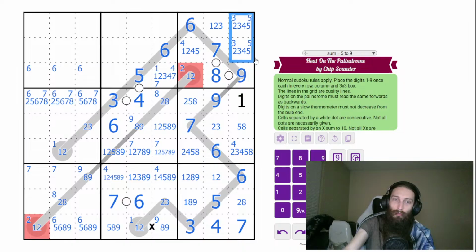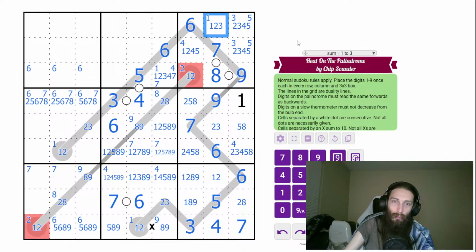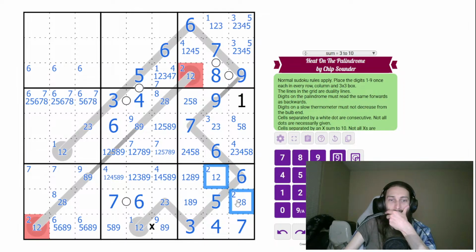Well, this would be 3, 5, and 1. You get an 8, 1, a 2, a 3. Oh, now you get 2 2s. Row 6, column 9 is a 4, yeah.